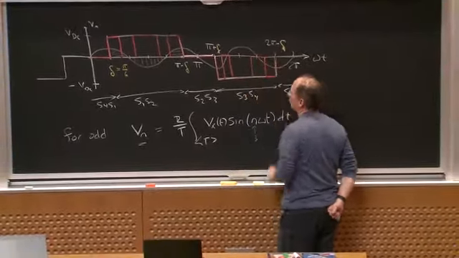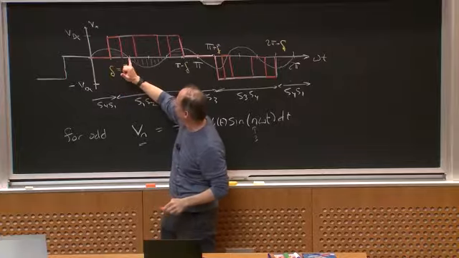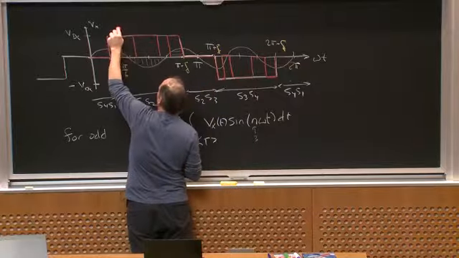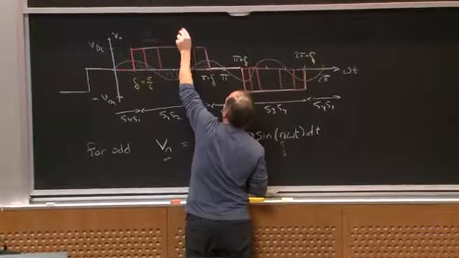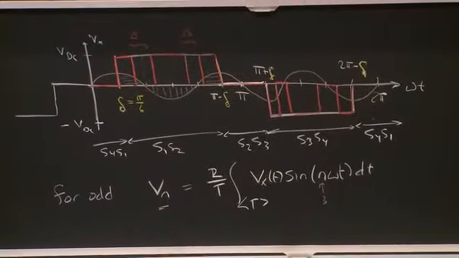All right. Now, if I've done this in the right way and I make this symmetric about 60 degrees, and I put it in some other angle, maybe I'll call that capital delta, I haven't introduced any third harmonic again.